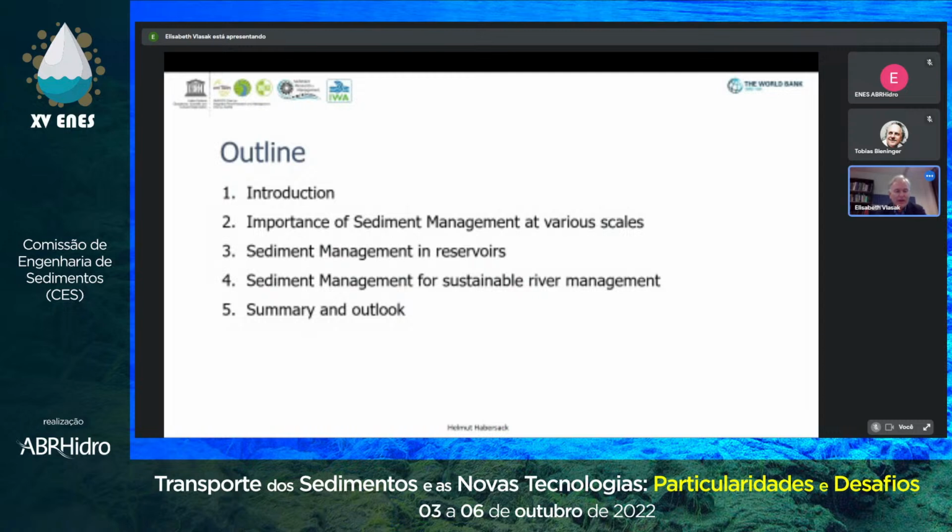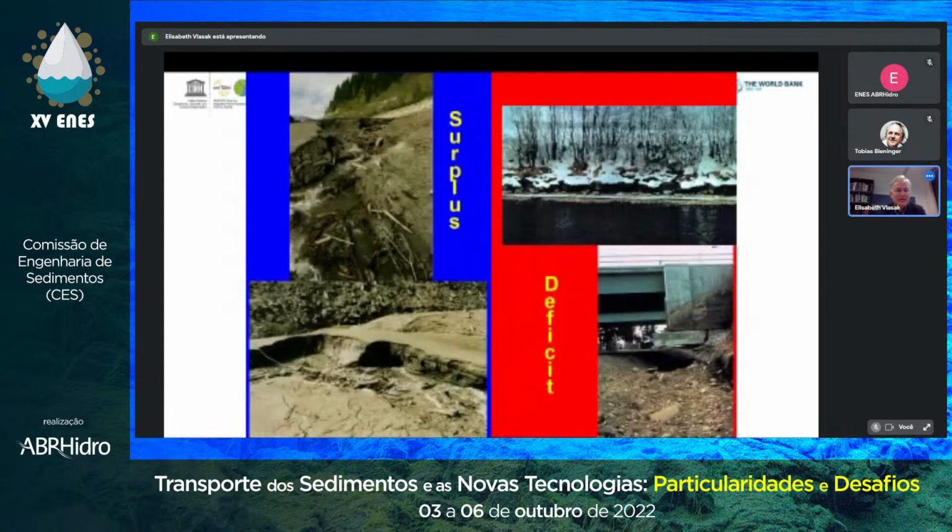The third part is the sediment management in reservoirs, and the assessment is part of it. Then I will look into sediment management from the perspective of a sustainable river management in an integrated way. Then a summary and an outlook, and of course we can have a discussion afterwards.